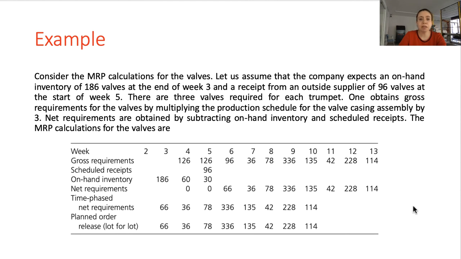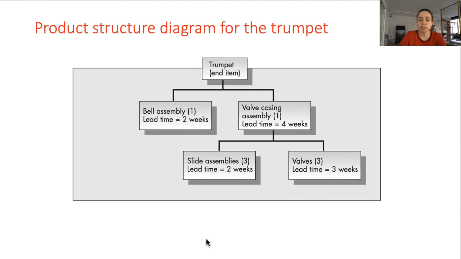Let's make the MRP calculations for the valves. Let's check the bill of materials. We have the valves in the second level. Here we see that we need 3 valves for each valve casing assembly, and production lead time is 3 weeks.